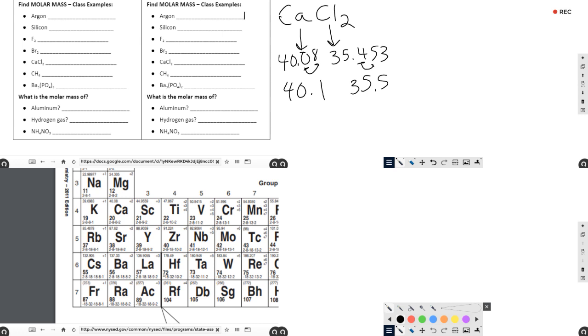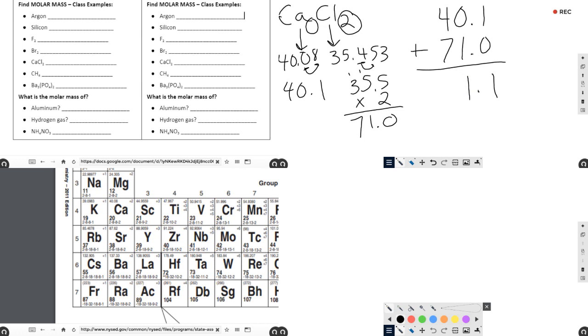Then I check for subscripts. I have a subscript of 2 on Cl, no subscript on Ca. So this is just 1, so it's going to be 40.1 plus, I have to do 35.5 times 2. And that makes sense because 35 times 2 is 70, right? So 71. And I don't have to put the 0.0. I'm just going to put it here for ease of addition. Look at that. And it is grams per mole.